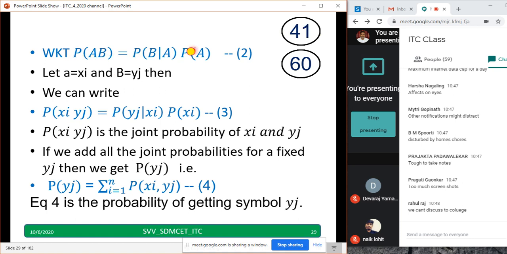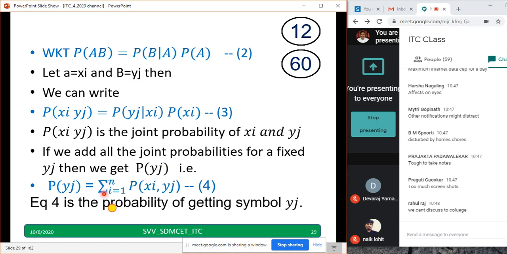This we have discussed and solved many problems also. I hope you people may be remembering the chain rule we have discussed, and the black and white balls problems we have solved using the same concept. There we have taken A, B, C. Let us take A equal to xi, B equal to yj. Simply I am rewriting, and this is nothing but a joint probability. And when I add, I will get the probability of yj.